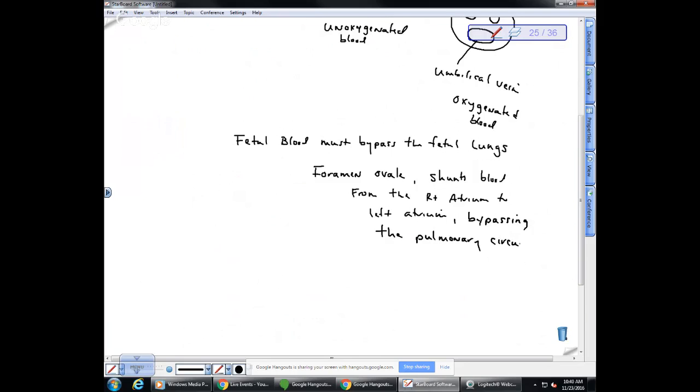Now, when a baby is born and it takes its first breath, we want that valve, there's a flap, to shut that off, right? Because when a baby takes its first breath, the blood then has to be shunted to the lungs, right? So upon birth, the blood must be shunted to the lungs.